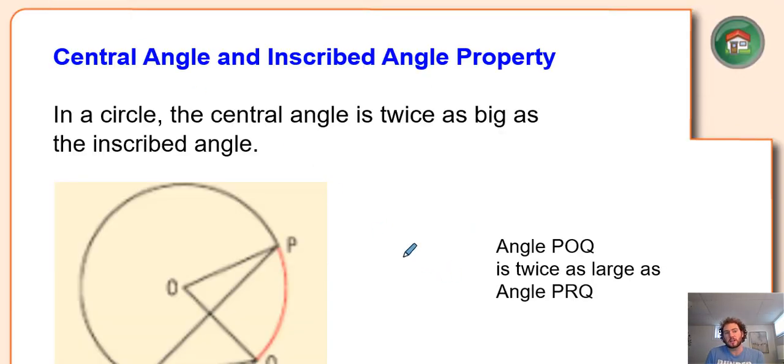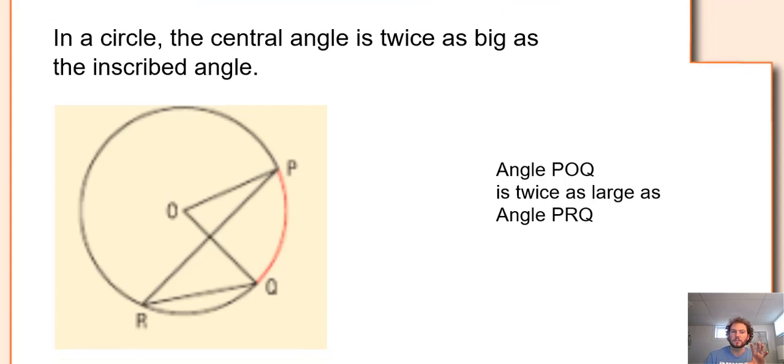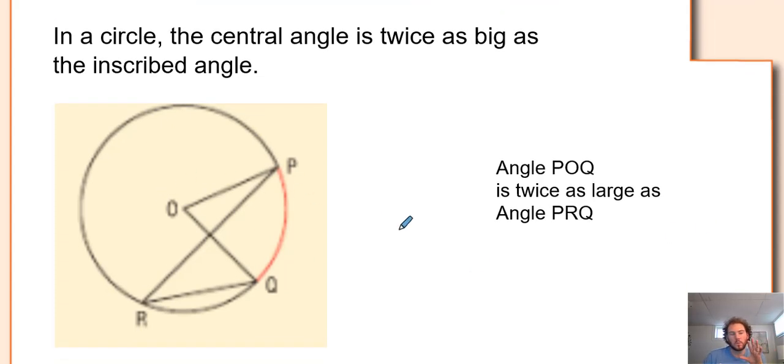So the first property, central angles and inscribed angles. Okay, in a circle, the central angle will be twice as big as the inscribed angle that are subtended by the same arc. So what I mean by that is subtended might not be a word you've heard before, but basically they are made from the same arc. So if I had arc PQ, right, so this red line right here, the inscribed angle PRQ right here is half as large as the central angle POQ right here.